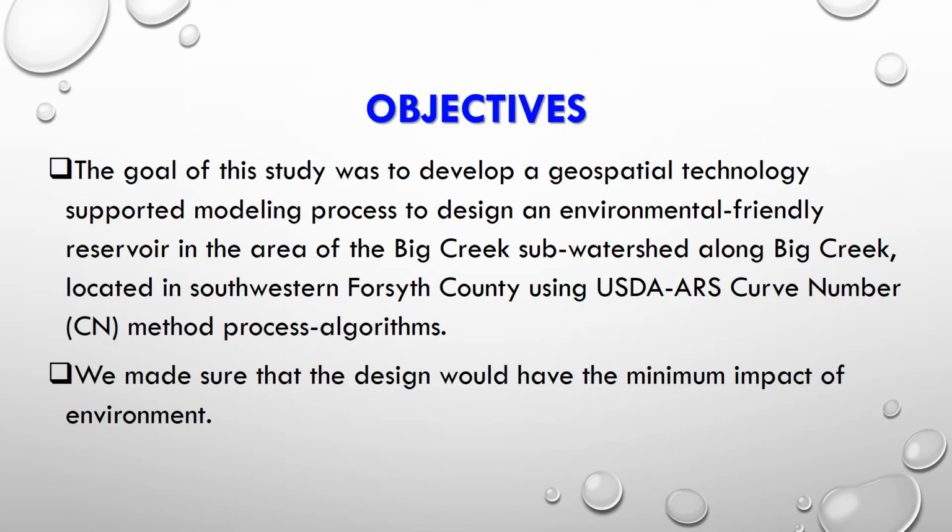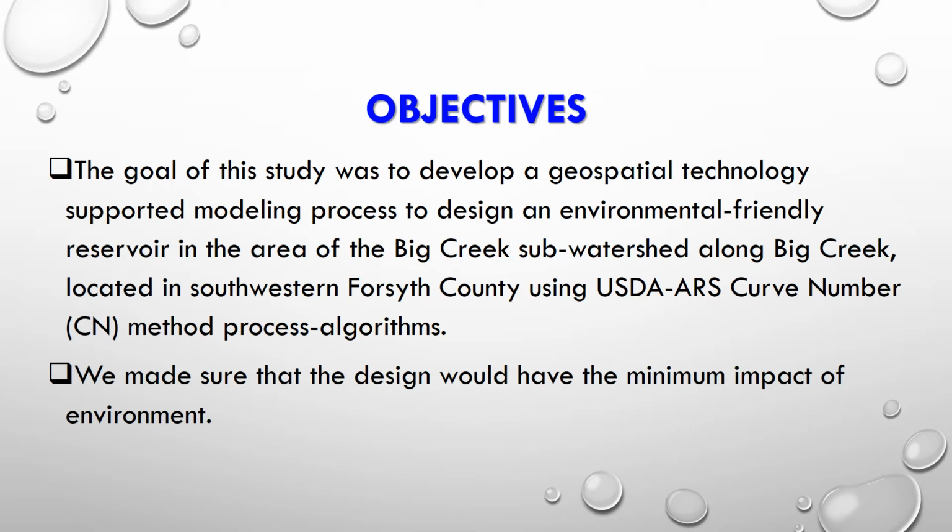The objective or goal of this study was to develop a geospatial technology supported modeling process to design an environmental friendly reservoir in the area of Big Creek sub-watershed along the Big Creek, which is located in southwestern Forsyth County of Georgia, with the use of the USDA Agricultural Research Service curve number method.